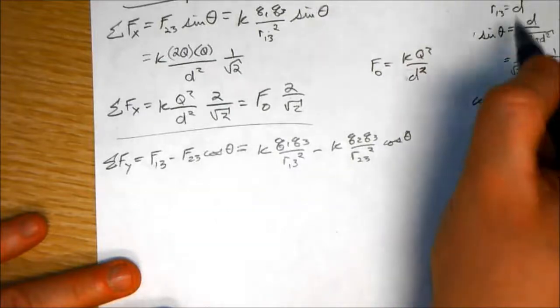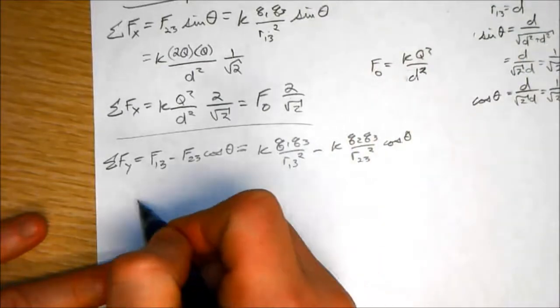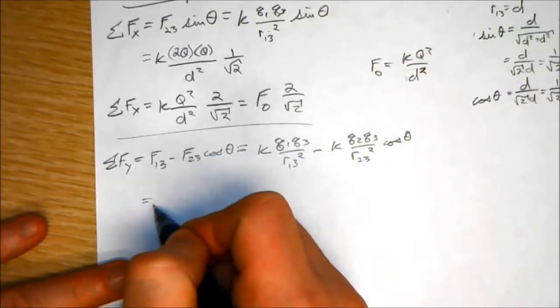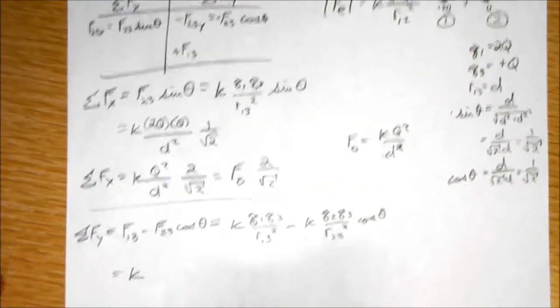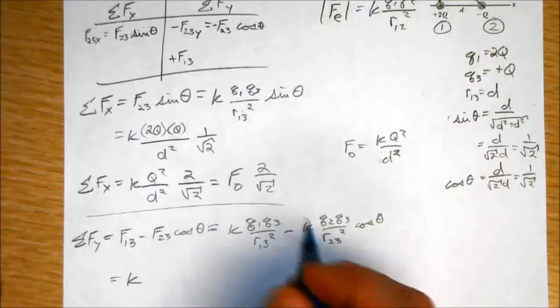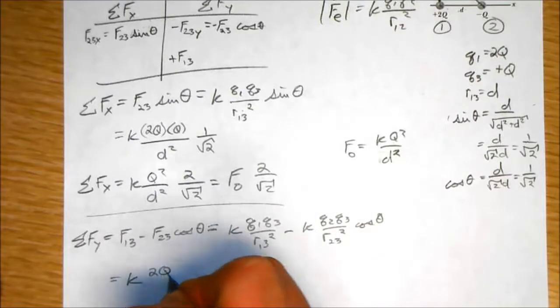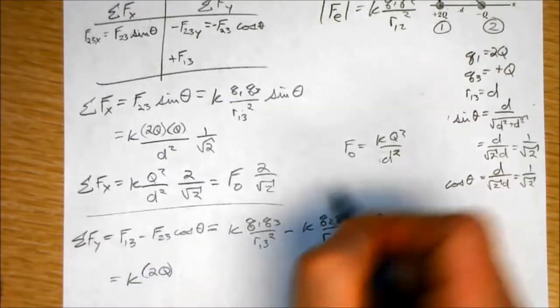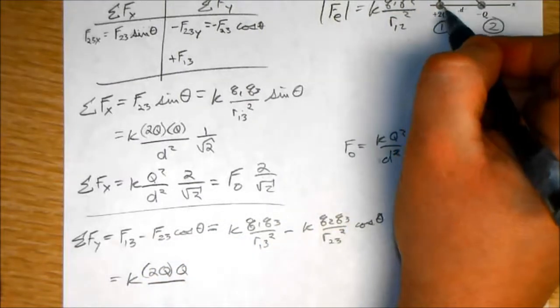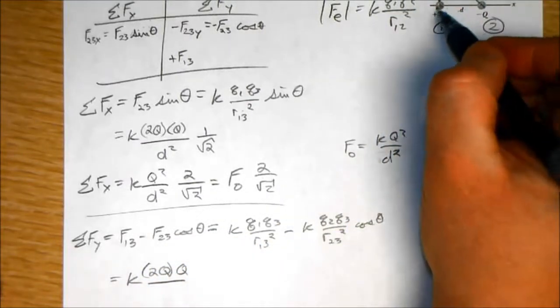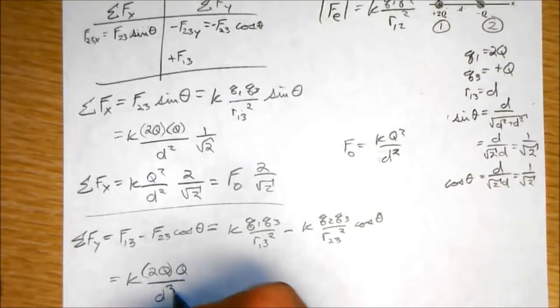Let me go ahead and plug in the numbers for Q1 and Q3. So this is K times Q1, which I'm calling 2Q, times Q3, which is just positive Q, over the distance between 1 and 3, which is D squared.